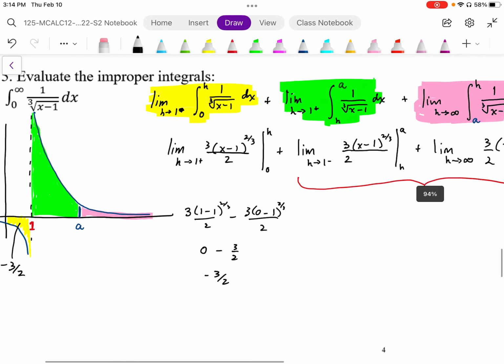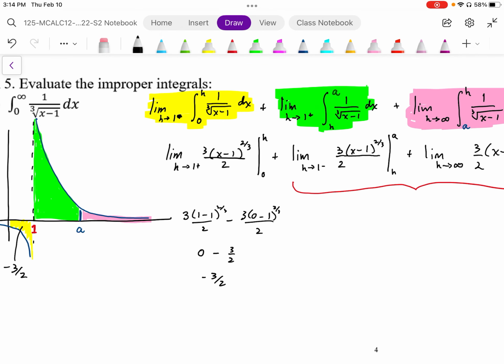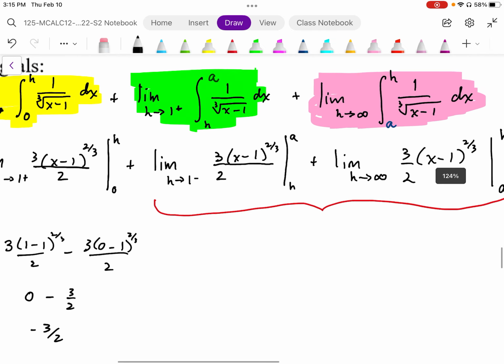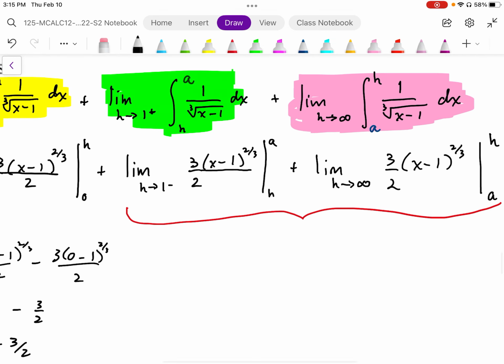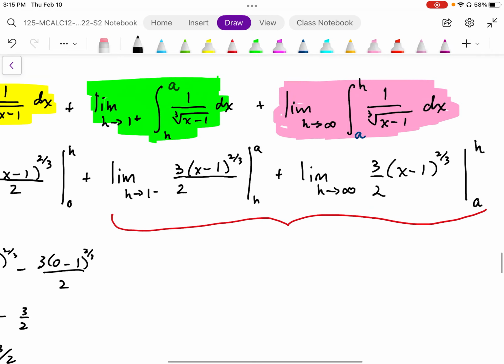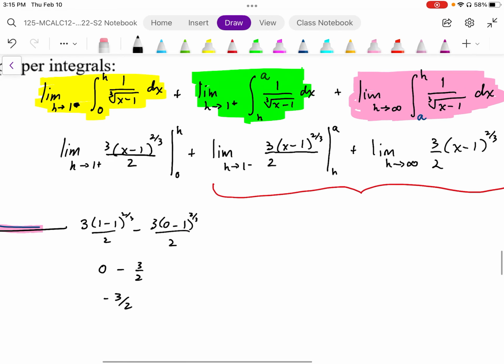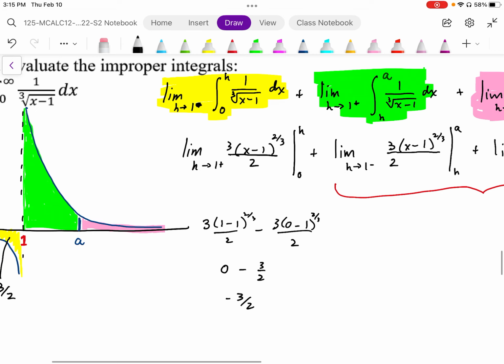Now, I could choose some arbitrary point A and integrate these two parts separately. But really, I should just integrate this the way it is. And if you know your relative areas, you know that this is going to be an infinite area.